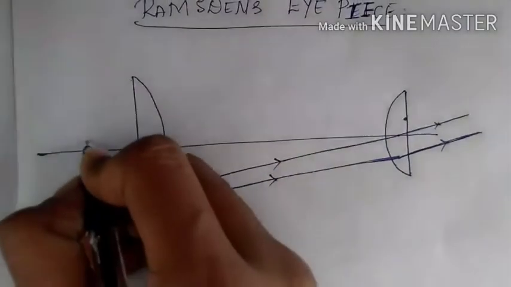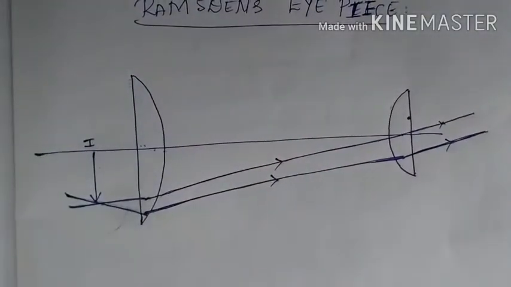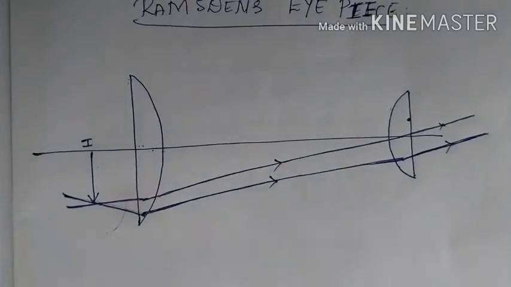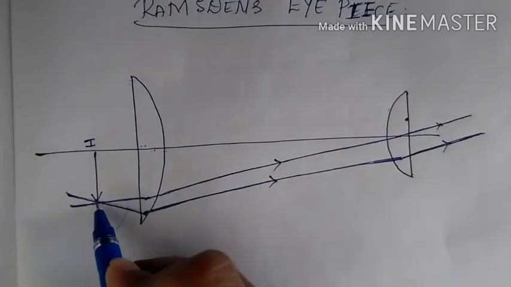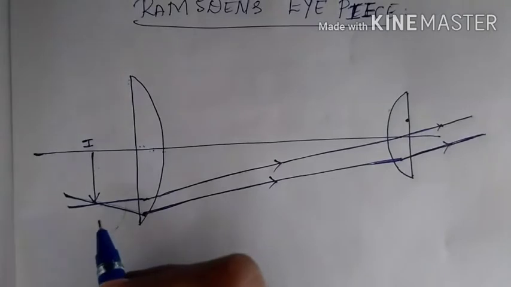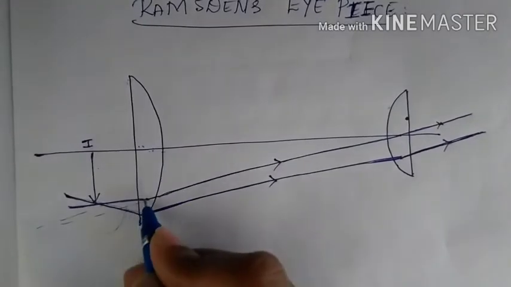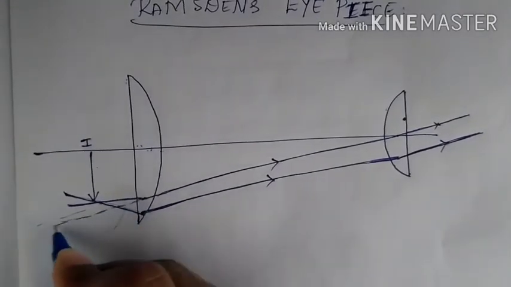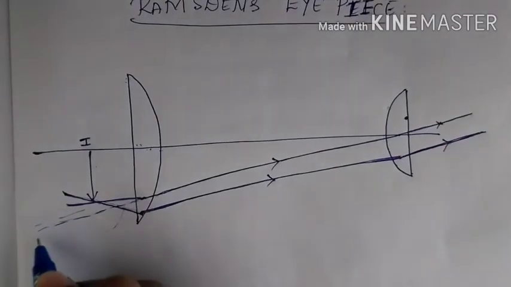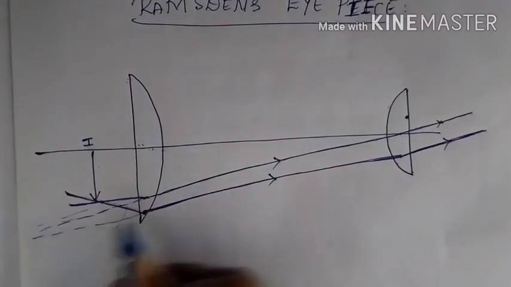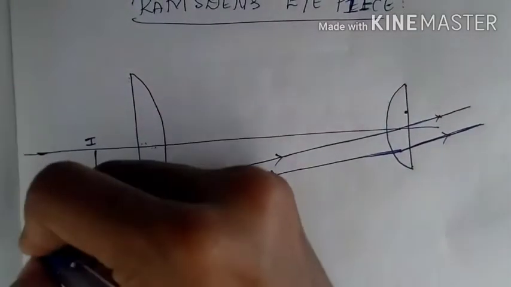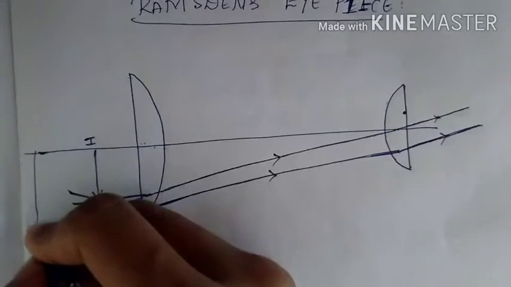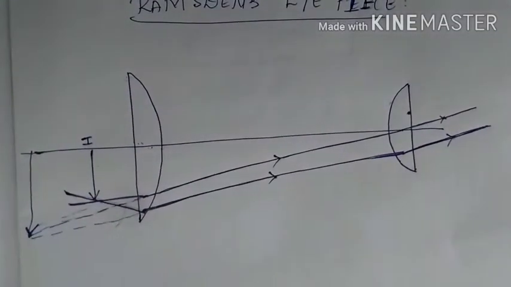Let this be I. So I here is the image of the objective lens, and this image is the real image of the object. Now if you extend these rays, the two rays meet at a point, and that forms the virtual image.